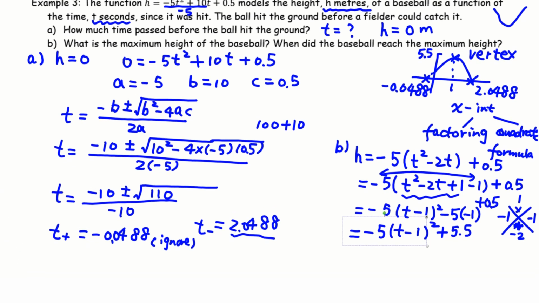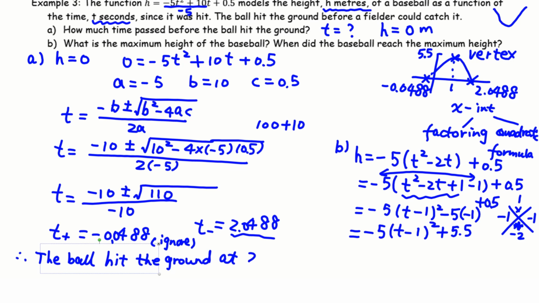So you are going to write a statement. So therefore, the ball hits the ground at 2.0488, we could round it to 2 decimal places, which will be 2.05 seconds.